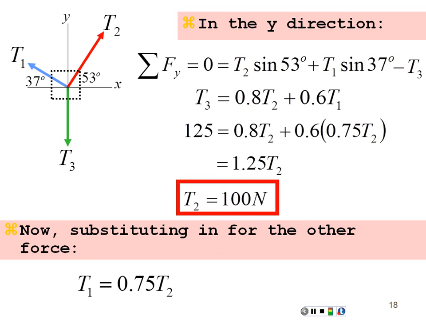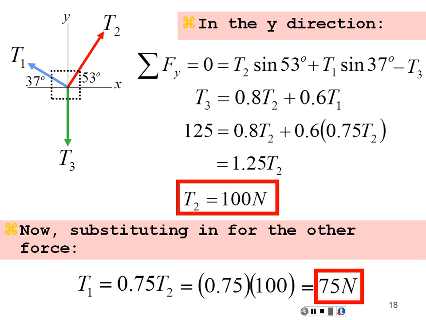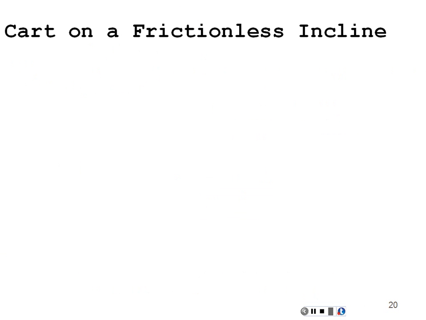Substituting in for the other force, tension 1 is 0.75 times tension 2, so that is 75 newtons. Notice on this last example that we had tension 3, which was 125 newtons.